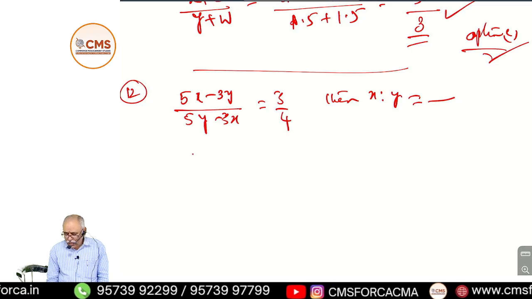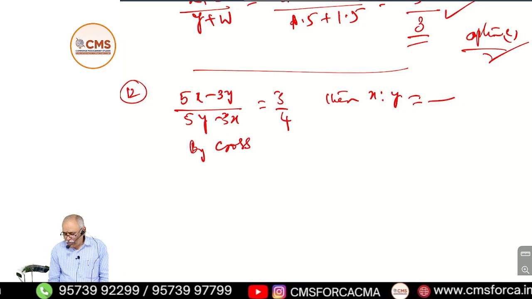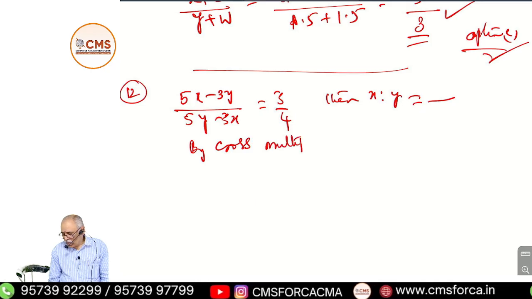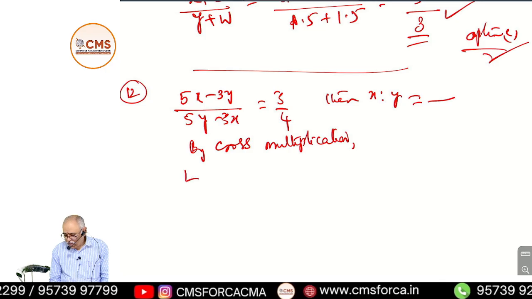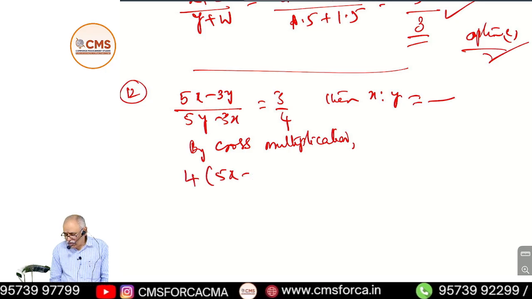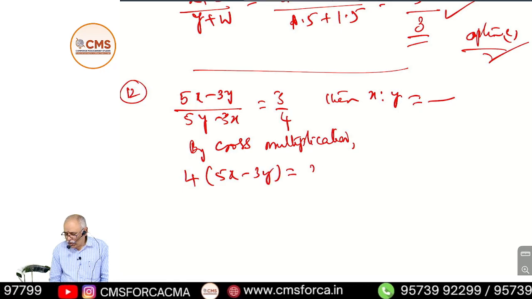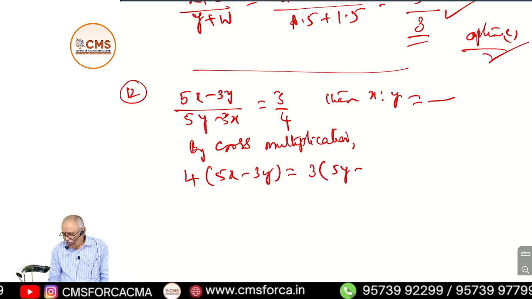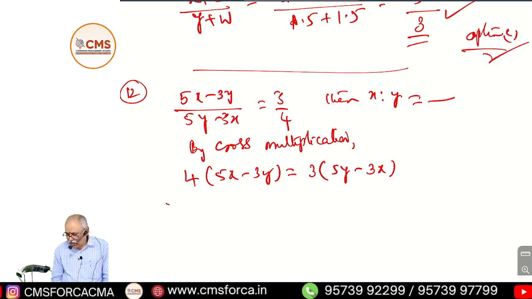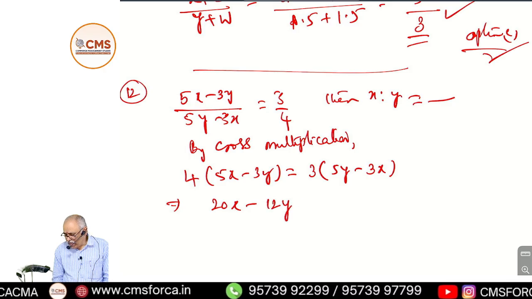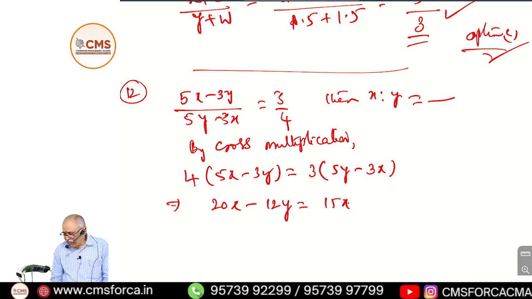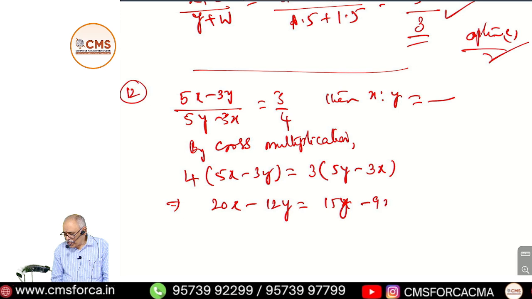By cross multiplication. 4 into 5x minus 3y is equal to 3 into 5y minus 3x. That implies 20x minus 12y is equal to 15y minus 9x.